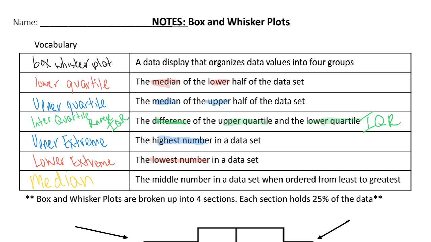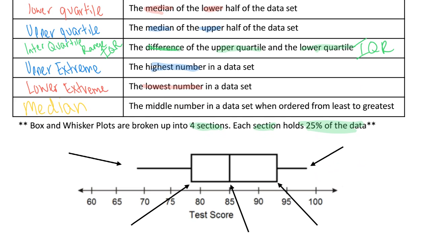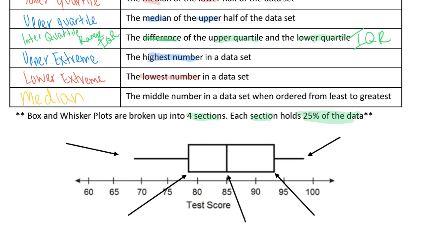What I would make sure to highlight or underline here is that they're broken into 4 sections. Each section holds 25% of the data. So that's super important. Each part holds 25% of the data.